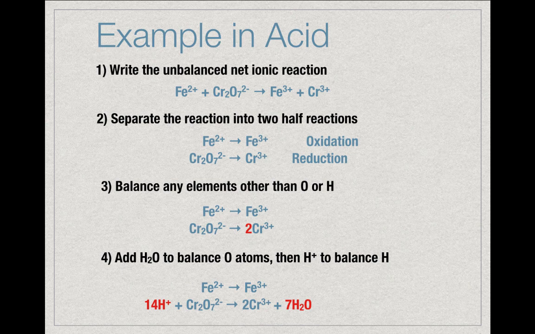We see we have 7 oxygens in the dichromate ion, and there's no oxygens in the chromium ion. So I need to add 7 waters on the product side there. And then the next part is to add H+ to balance the H's. Well, I have 14 hydrogens now from the water in the product side, and there's no hydrogens on the reactant side. So I need to add 14 H+ in the reactant side for the bottom half reaction.